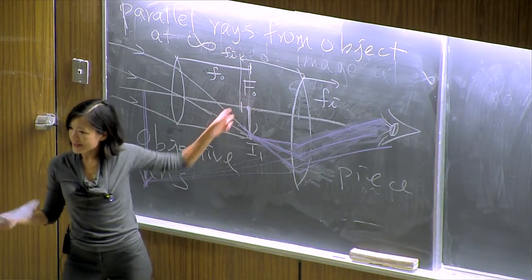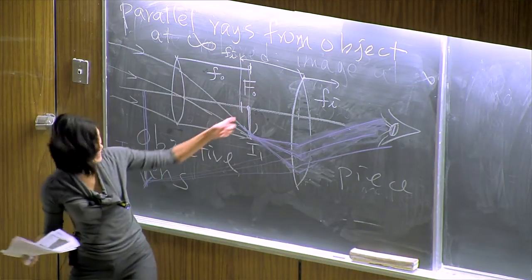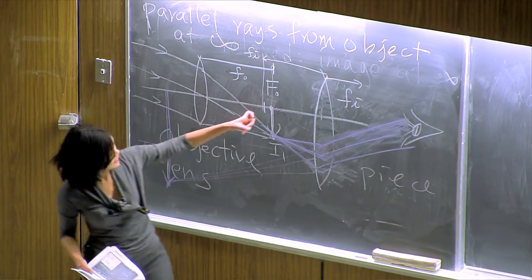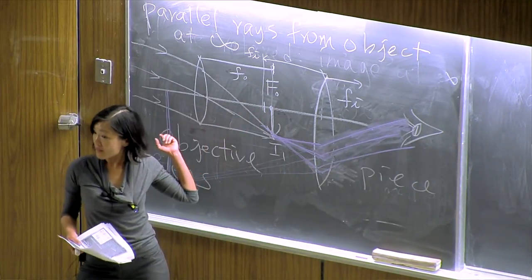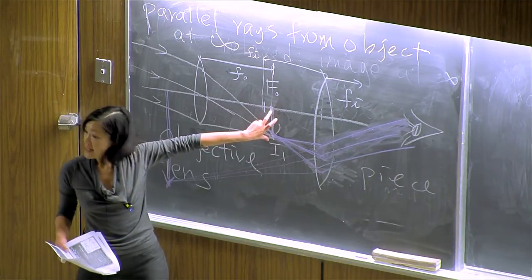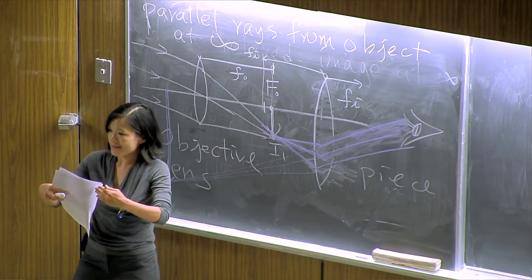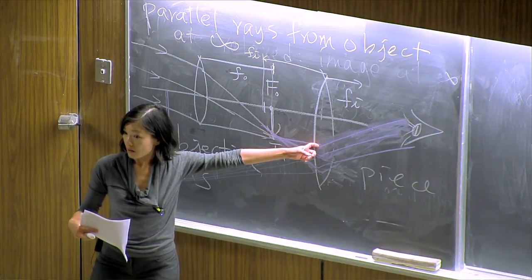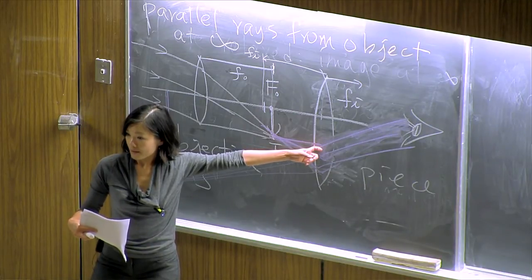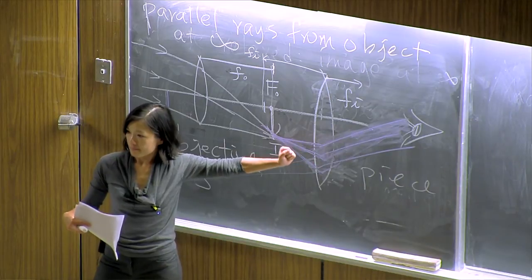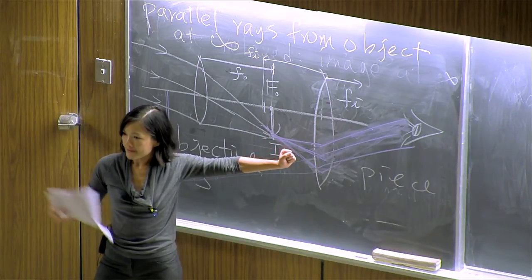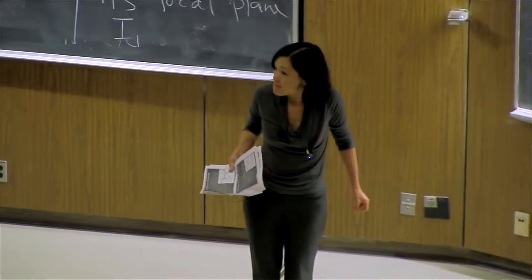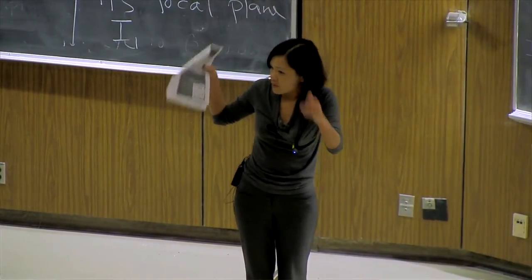So what that means is, in order to have the second image magnified, to get back to the question that just came from this slide, you need the first image to be just inside the focal length of your eyepiece. Right, this is how we started today's lecture, when we looked at just one single magnifying glass.